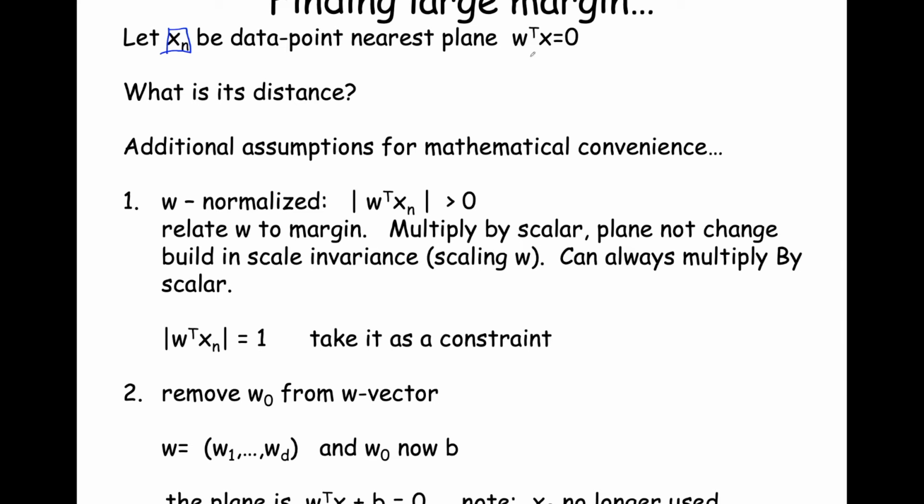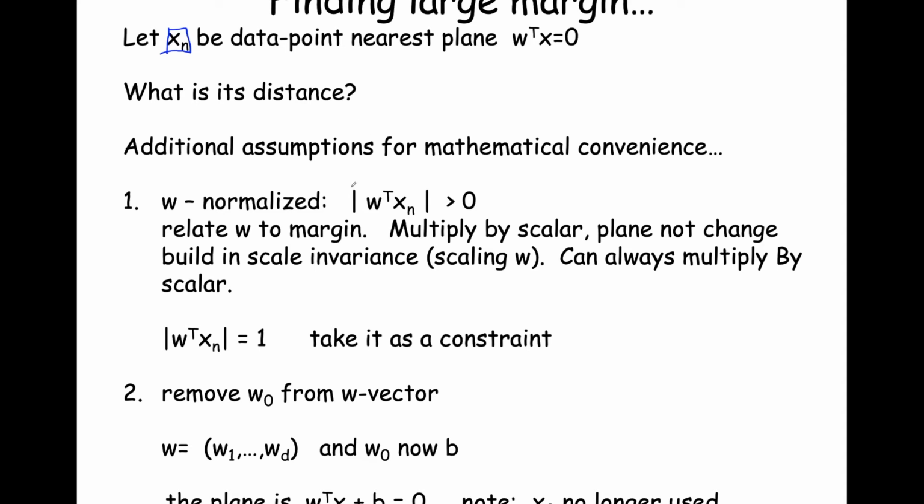So let's make some additional convenience-based assumptions, because we want to make life easier for one another. Now, of course, W transpose xn is going to result in some score, and that score is going to be greater than 0 in absolute value. If you are on the positive side of the hyperplane, your score is positive. If you're on the negative side of the hyperplane, your score is negative.